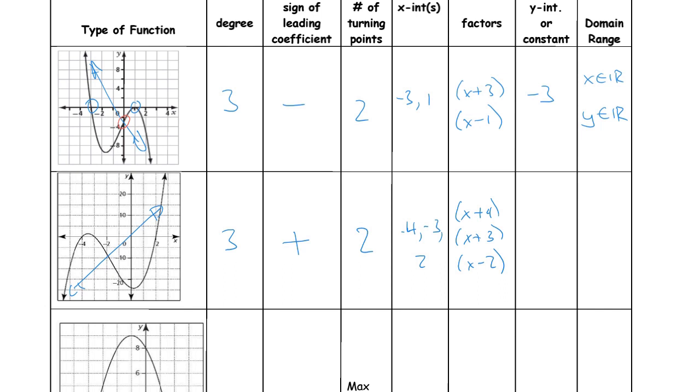It looks like we're going up by 5s, so that's a rough guess. I'm not 100% sure what the y-intercept, the constant, is, but it's that number right there, and we're just guessing at it. Again, the domain is all reals and the range is all reals.